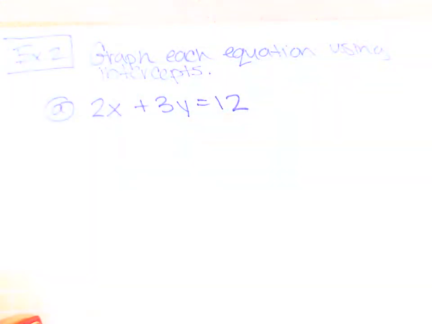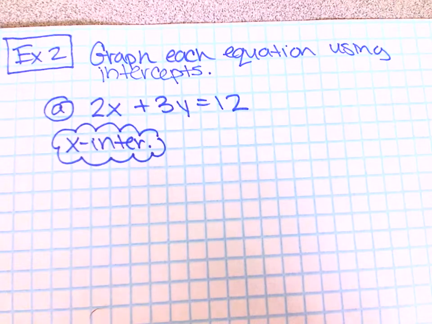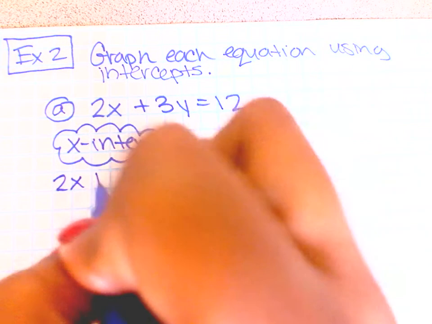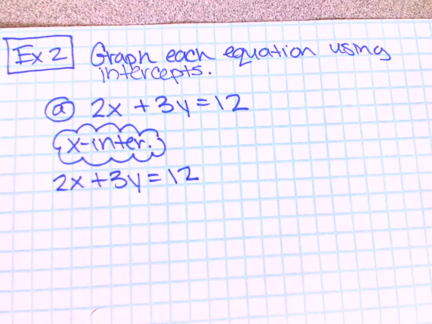We have 2x plus 3y equals 12. Not a problem. Let's find the x-intercept first. Okay, so to find the x-intercept first, let's write down the problem. 2x plus 3y equals 12. Now I need to think to myself, if I'm finding the x-intercept, I replace y with 0.